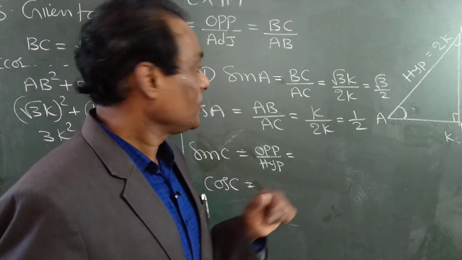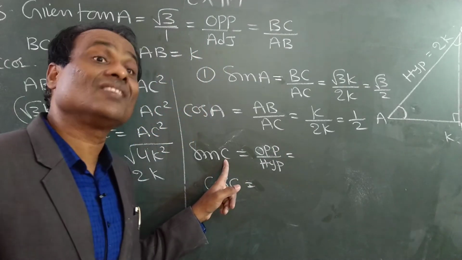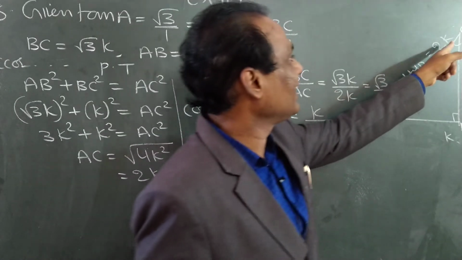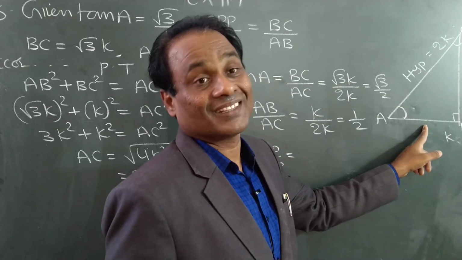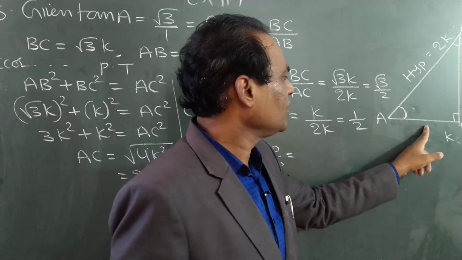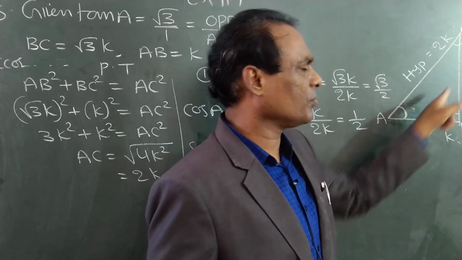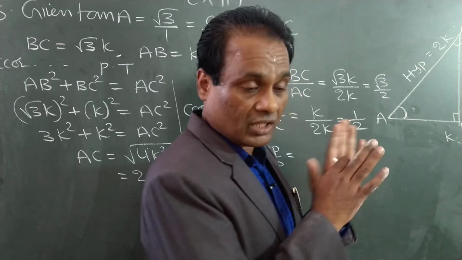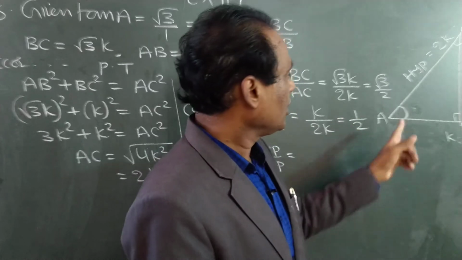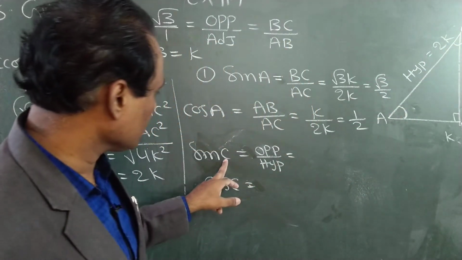But which angle are we taking? C. For C, this is opposite. That is the confusion. Every time we take this as opposite, this as adjacent, like that only. But in rare cases, for the first time in the total exercise, this angle is asked.